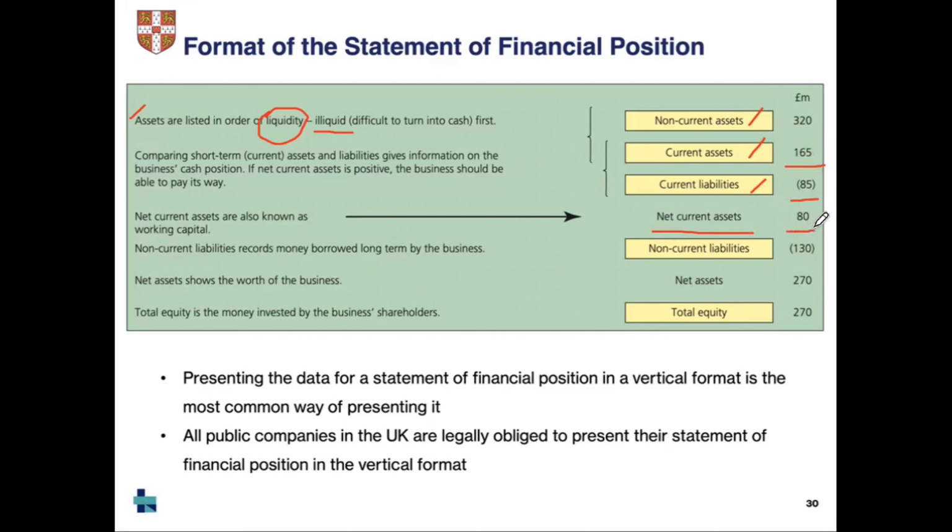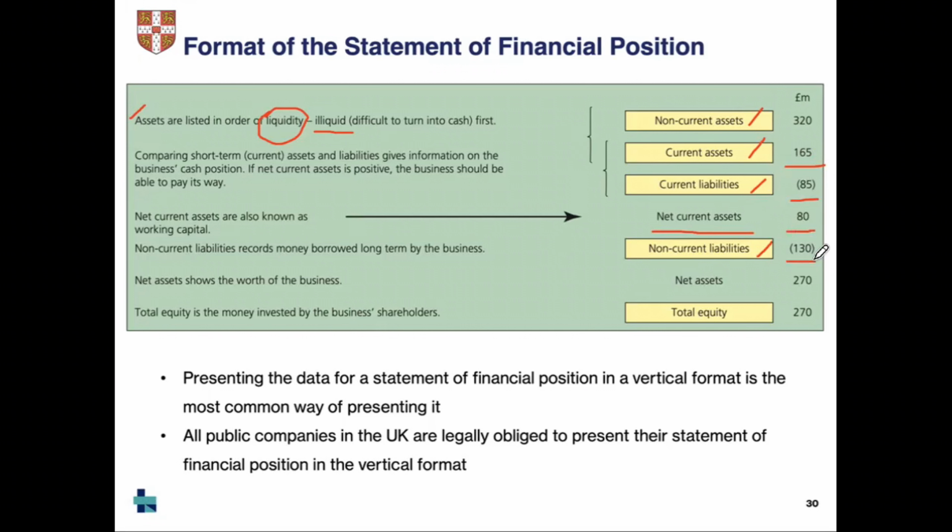It tells us how liquid we are, how much money we have left if we pay all our liabilities. All right. So it's a very important measure. Then followed by our non-current liabilities. These are liabilities that will span more than a year. So our long-term debts are non-current liabilities. It's also a negative figure because it represents something that we owe, so that is subtracted.